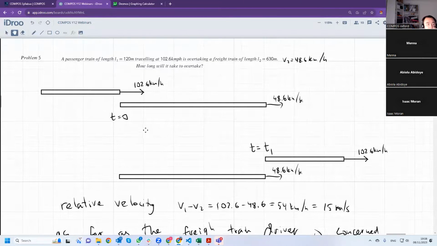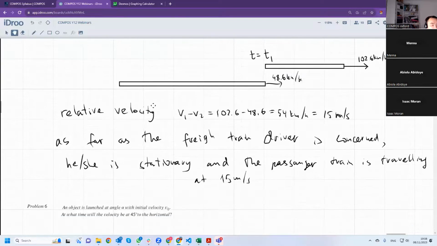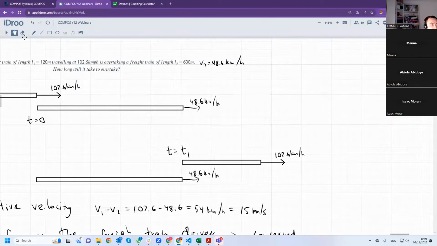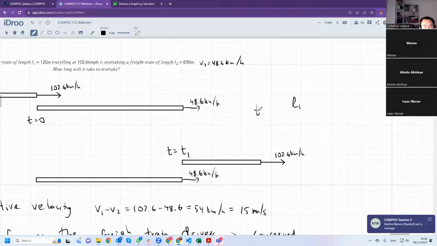And the distance that needs to be traveled is the sum, L1 plus L2. So the time T1 is equal to L1 plus L2, the sum of the distances, divided by the relative velocity, V1 minus V2.